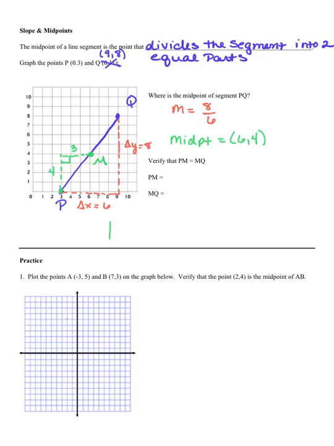Each of those slope triangles has one leg that's length 4, another of length 3, and if we apply the Pythagorean theorem, we will find that the hypotenuse is equal to 5. Both of those mini slope triangles have the same dimensions, so they have the same hypotenuse length.